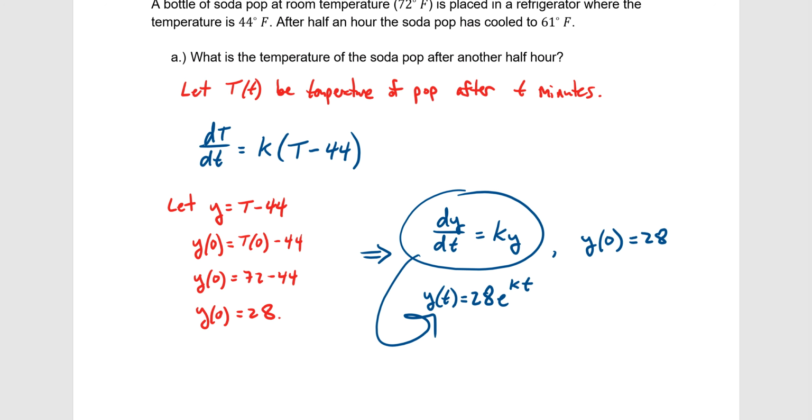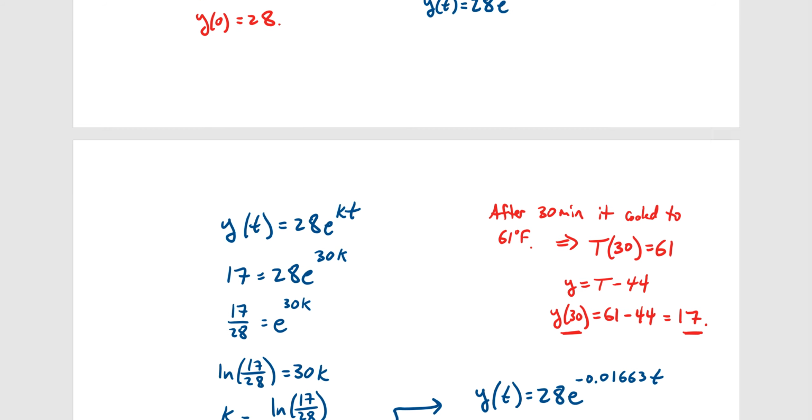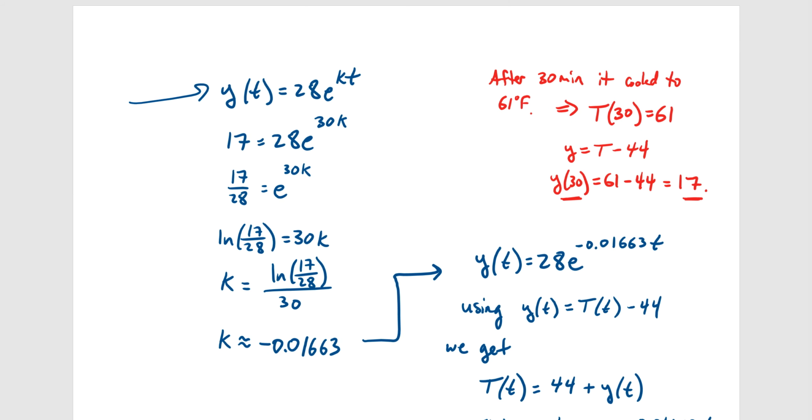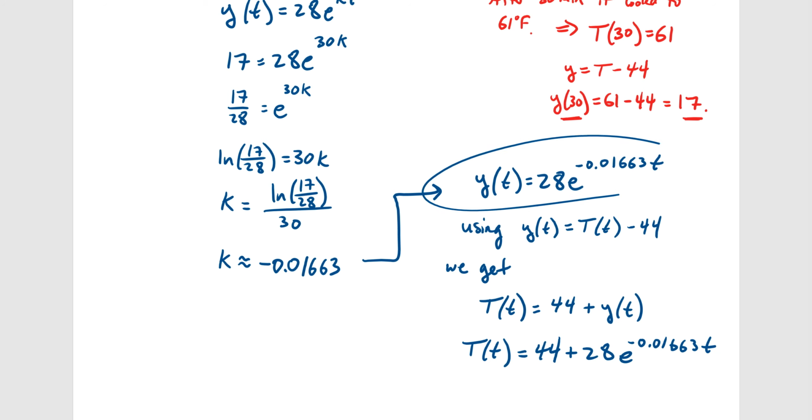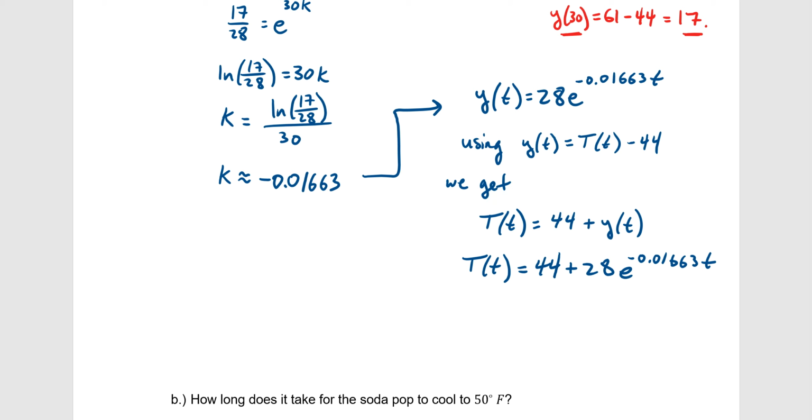We had to find y sub 0, the initial y value, using this right here. Once we found that, we went back to this equation and set it up to solve for k. And then once we solved for k, we get y, and then we can find the temperature equation of the soda pop.